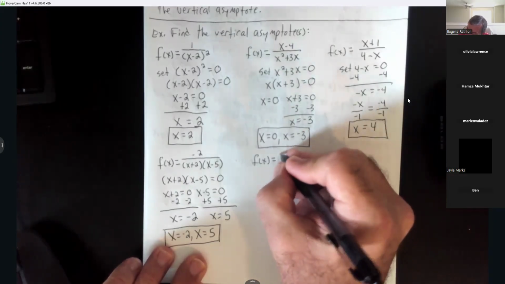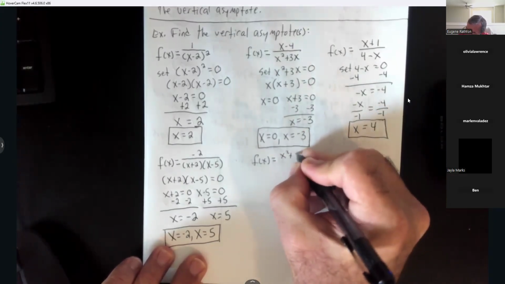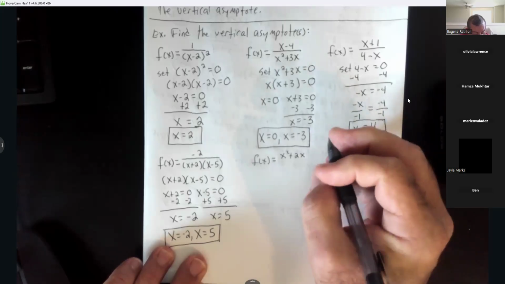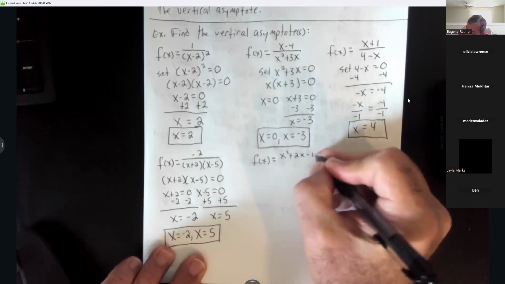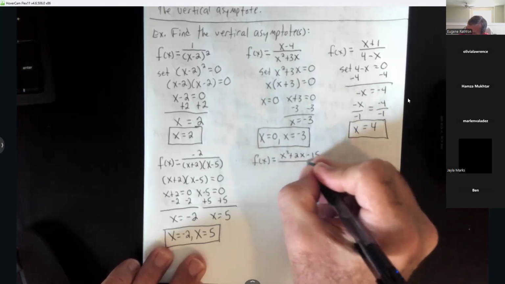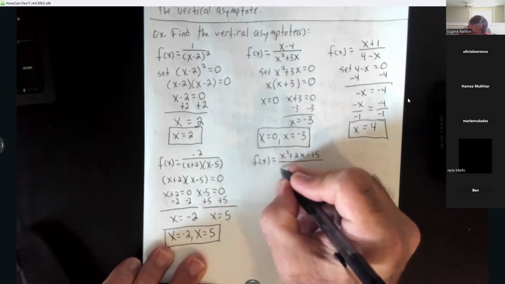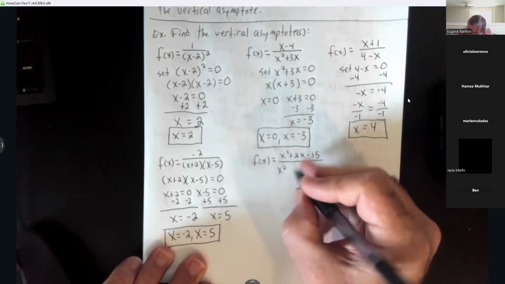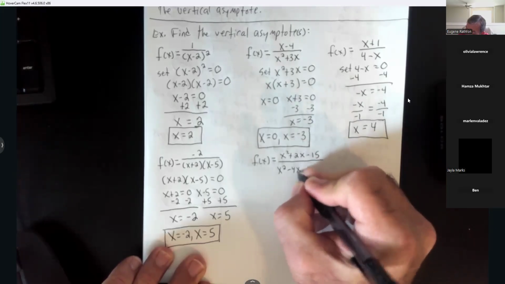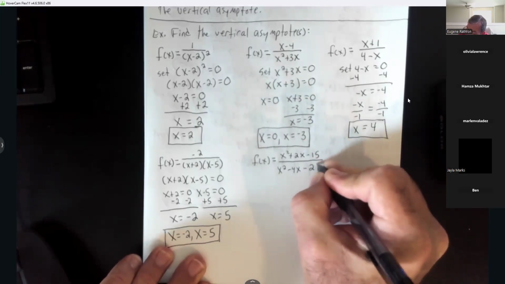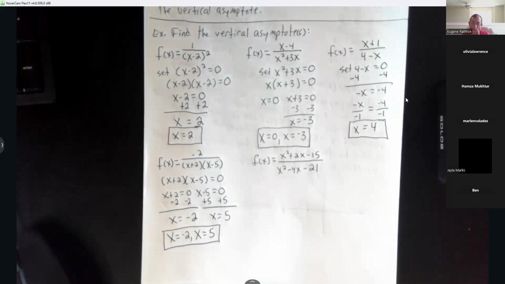So this one, I got an x squared plus 2x minus 15 on top. On bottom, I got an x squared minus 4x minus 21.